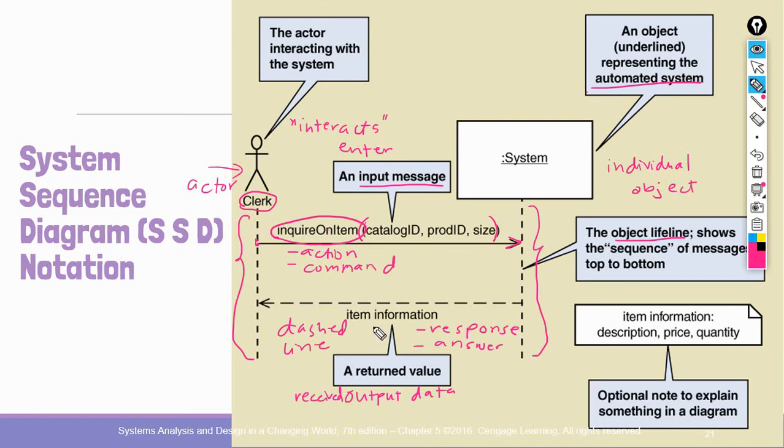However, an abbreviated version is also satisfactory. In this case, the information returned is named item information. Additional documentation is required to show the details. So in this figure, this additional information is shown as a note.